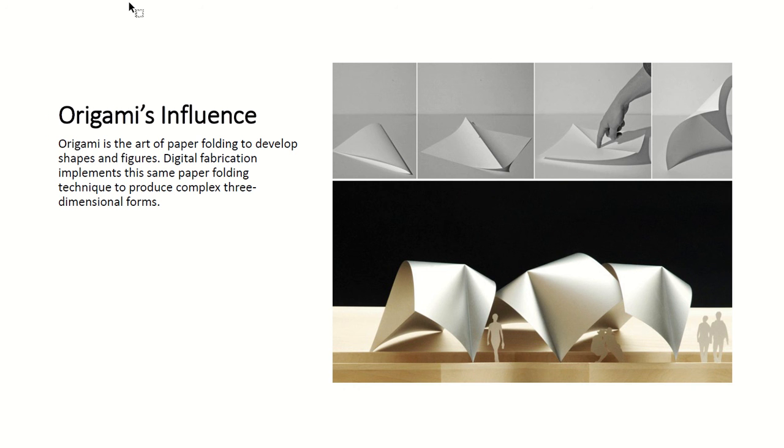Origami being the art of paper folding to develop shapes and figures, starting with a 2D flat surface that can be folded and manipulated to generate a complex form, is the same idea that digital fabrication is trying to do: moving from a complex 3D geometry on the computer and bringing it down into 2D pieces that can be 3D printed or laser cut, and then assembling them after the fact, and bringing that complex form to life is exactly what digital fabrication aims to do.